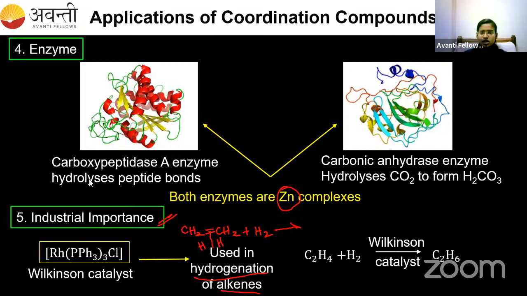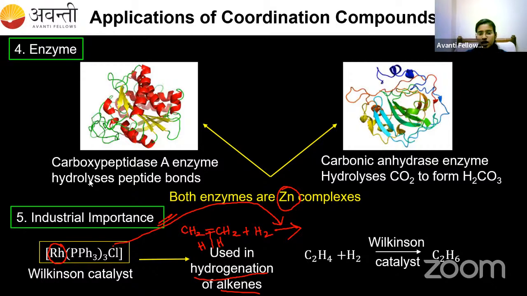Now, for this process, this particular catalyst, which is called Wilkinson catalyst, is used. And in this Wilkinson catalyst, you can see that rhodium metal is present as a central metal atom. Okay. Rhodium is present as a central metal atom, and this is a Wilkinson catalyst you need to memorize. Okay.